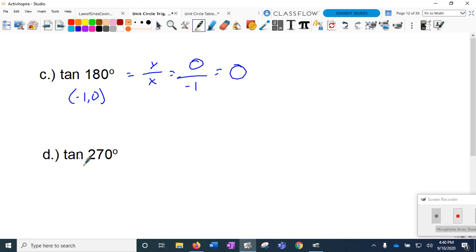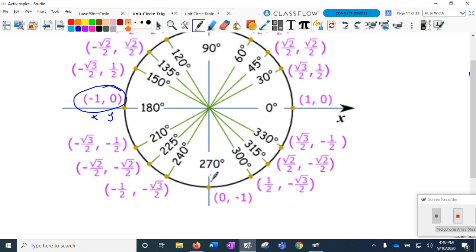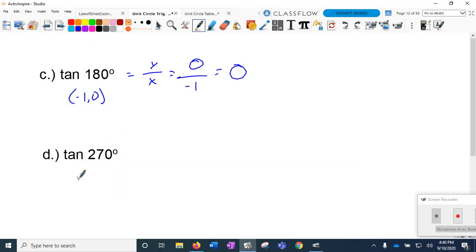But what about at 270? Let's look at 270. The coordinate at 270 is 0 comma negative 1. Is it going to be the same? Again, tangent is y over x.